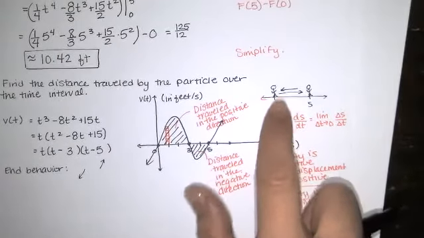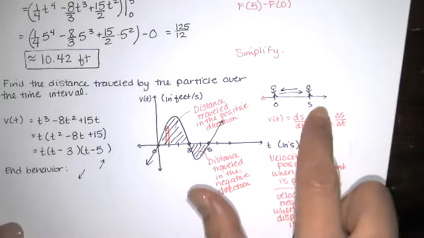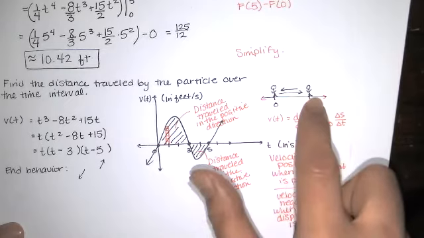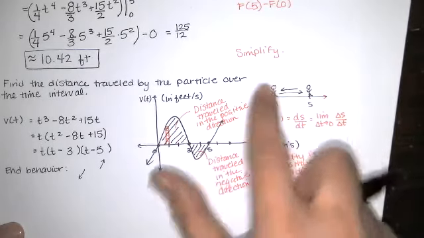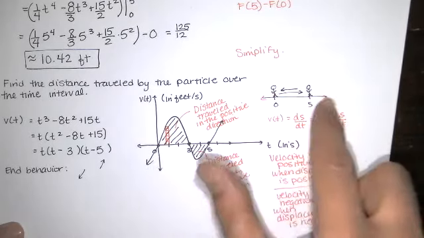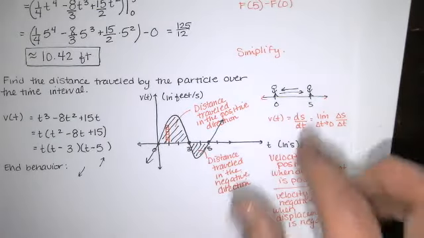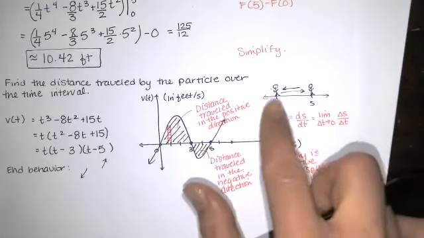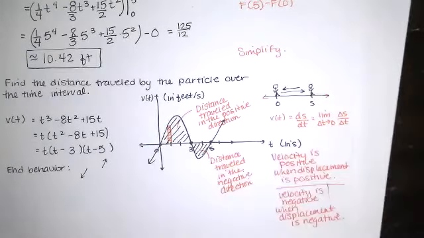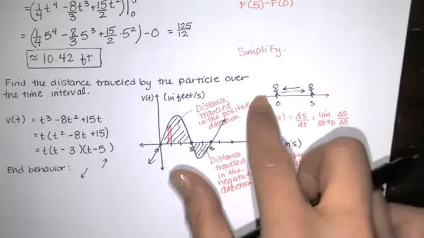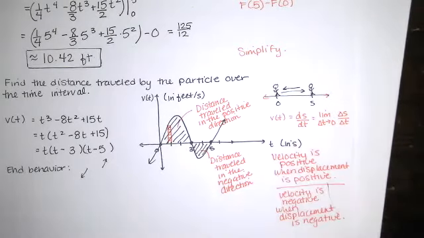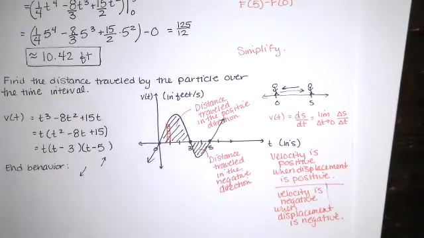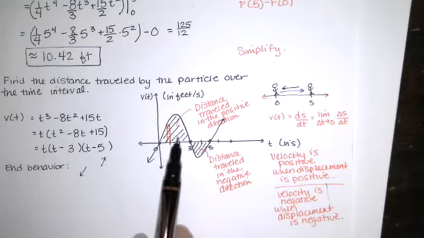Just like if I was over here, if I went from 0 to 5 and then 5 back to 0, well, I need to count that distance of 5 units in the forward direction and that distance of 5 units in the backward direction as the same distance. I'm not worried about a sign. And there is no negative sign when you're talking about distance. We just went 5 units that way and 5 units that way, so we want a total of 10 units. But the displacement is 0 because we started and stopped at the same point. Here we were told that our displacement was 10.42, but that doesn't tell us anything about the distance that we traveled.